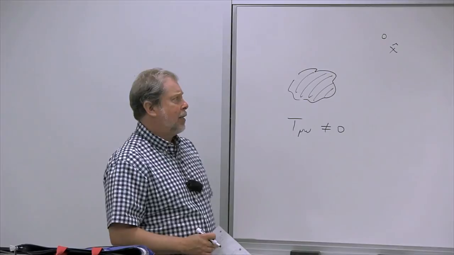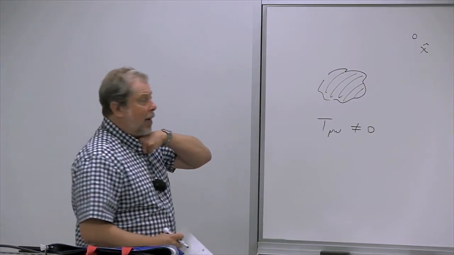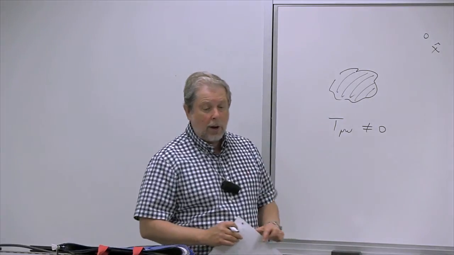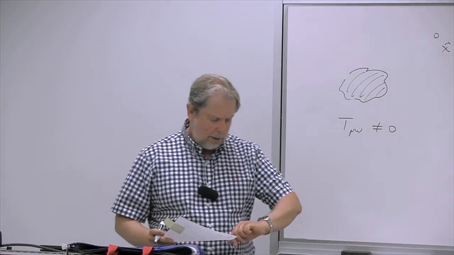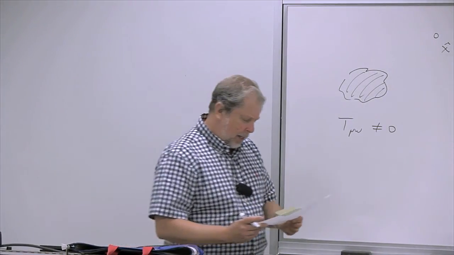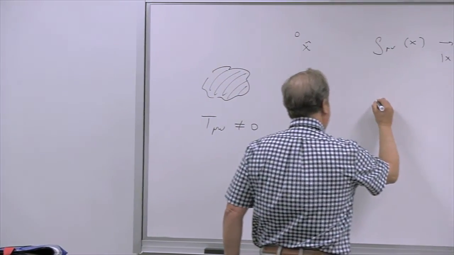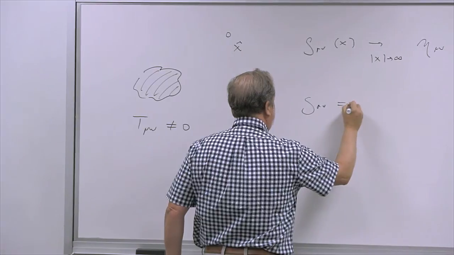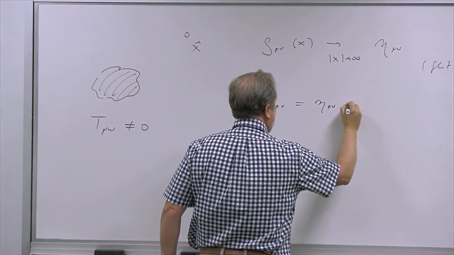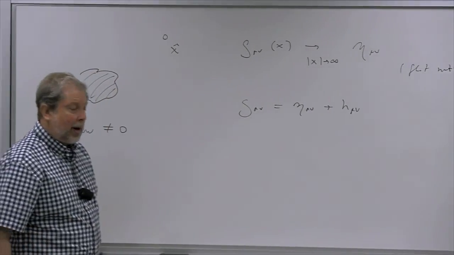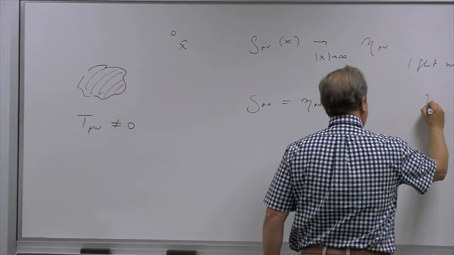We have flat space at infinity, and we only have some matter or energy distribution, which is localized in a given area of space. And so again, we write that g_(mu nu) is eta_(mu nu) plus h_(mu nu). And so what we know now is that h_(mu nu) goes to 0 at infinity.